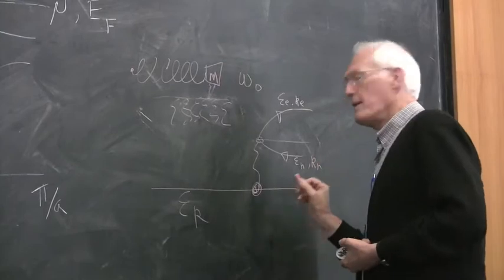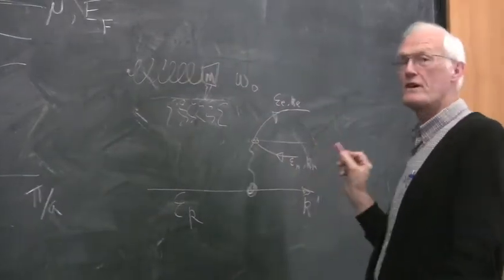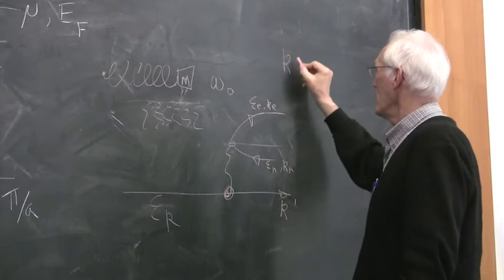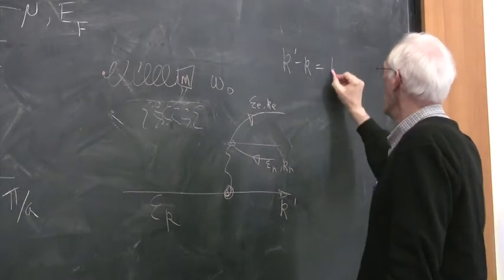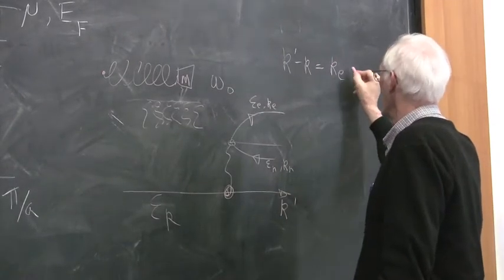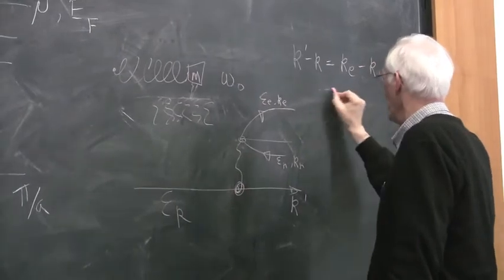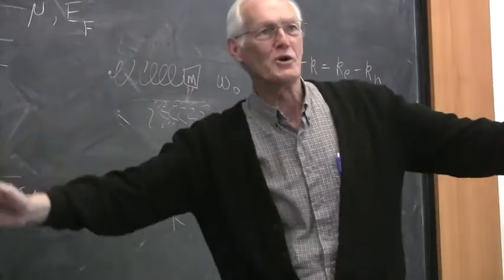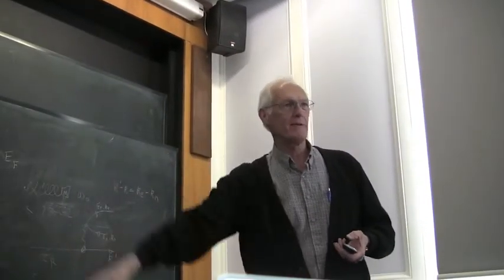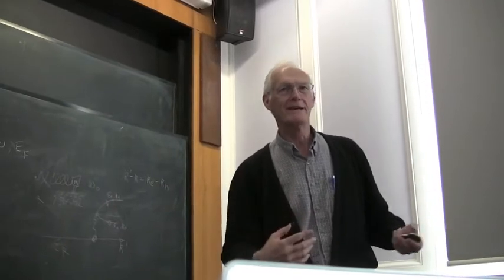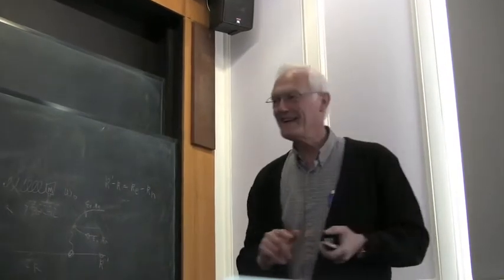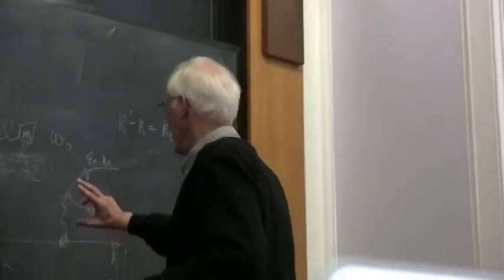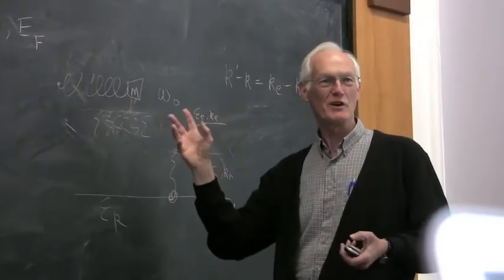And the thing you have to conserve is momentum. K prime minus K, the difference in momentum, is equal to K electron minus K hole. I don't want to bore you or claim to be doing everything exactly. The reason Feynman diagrams get so complicated and look ugly, I mean, no, they look pretty, but they look hard to understand, is that you just have to consider all the ways that fermions can work.